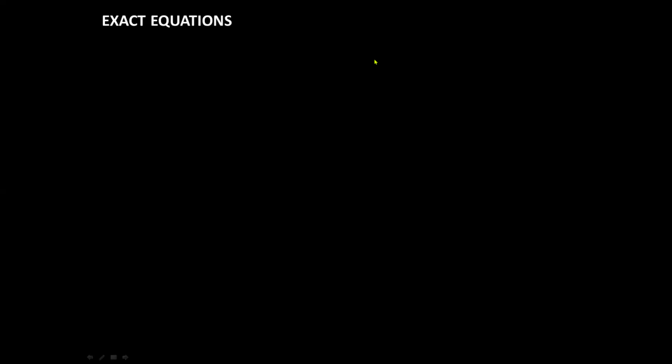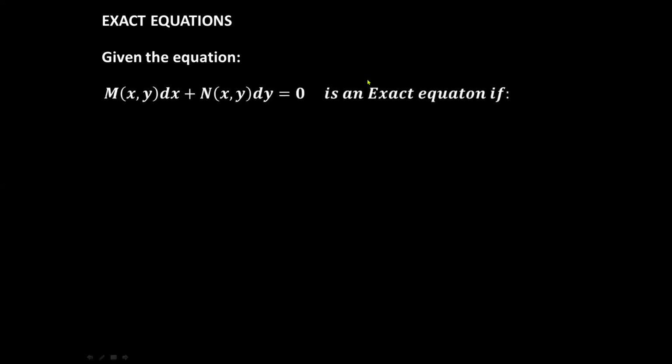So, let us now talk about exact equation. Makinig kayong maigi dito, mga anak. Given the equation, M of x and y dx plus N of x and y dy is equal to 0 will be an exact equation if and only if the derivative of M with respect to y is also equal to the derivative of N with respect to x.